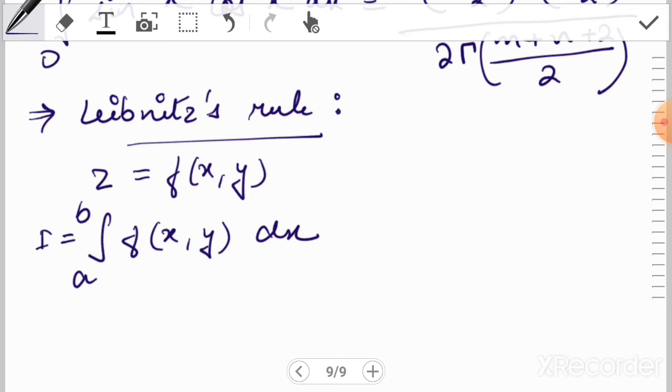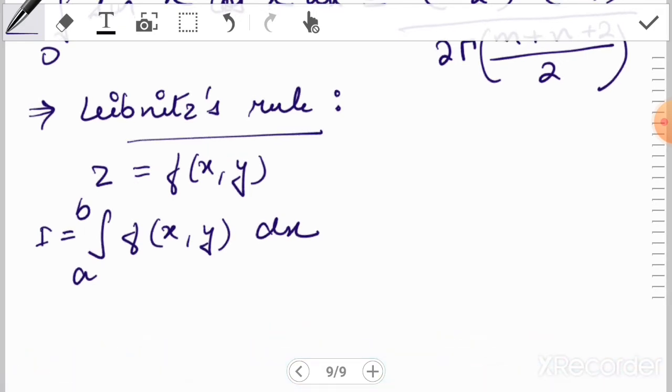For this integration, the variable is only x and not y. So y is constant for the integration process. Therefore, after we have evaluated the definite integral and put in the integration limits, y will still remain in the expression of this I. That means I is a function of y.